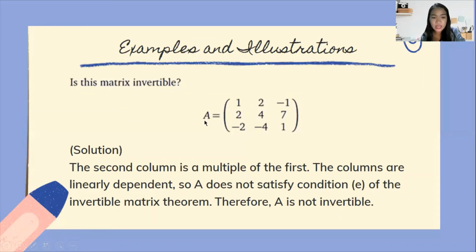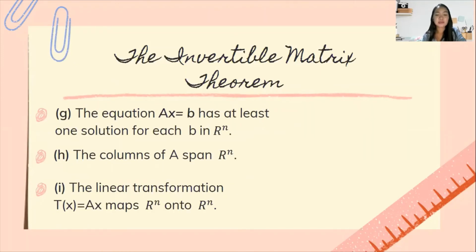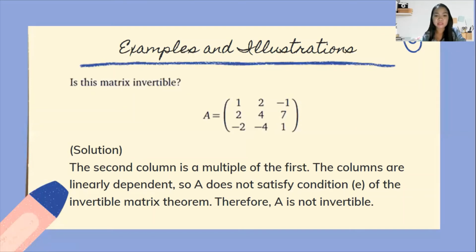So A does not satisfy the condition in letter E. What is the condition in letter E? In letter E, the columns of A form a linearly independent set. But here in our example, our second column is a multiple, so it is linearly dependent. So this matrix here is not invertible.